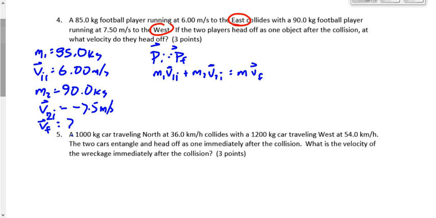Now, I should have said, what's the velocity immediately after? Why immediately after? Why do we want to know how fast we're moving immediately after, not 10 seconds after? Yeah, like other things are going to apply, right? External forces are going to apply. We don't have an isolated system if it's a minute and a half after the collision.